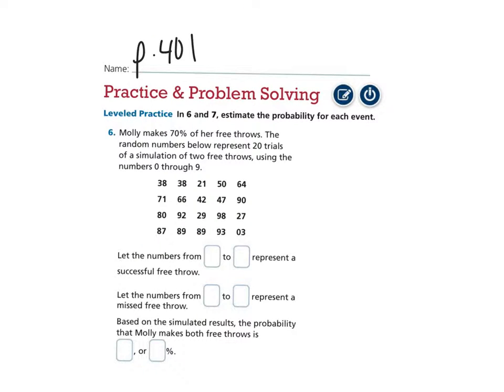So on page 401, if we look at number 6, it says Molly makes 70% of her free throws. The random numbers below represent 20 trials of a simulation of 2 free throws using the numbers 0 through 9. So we're going to have to decide what numbers we're going to use for a successful free throw and for a missed free throw.